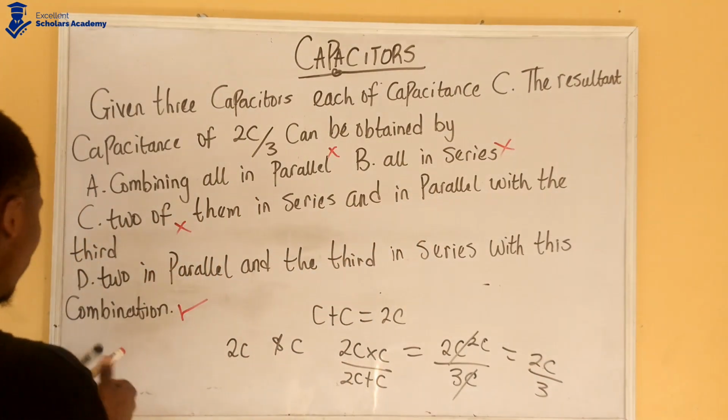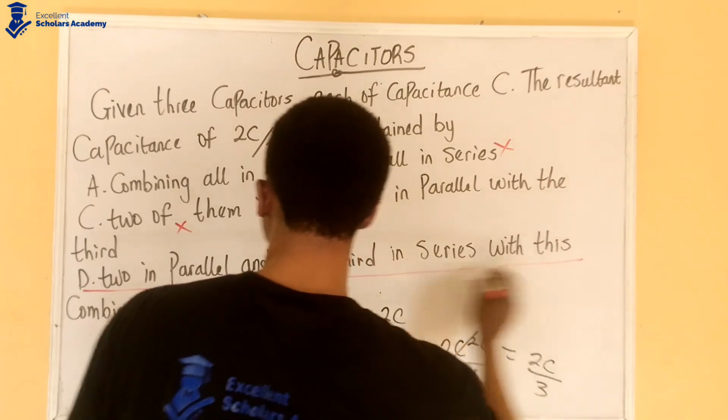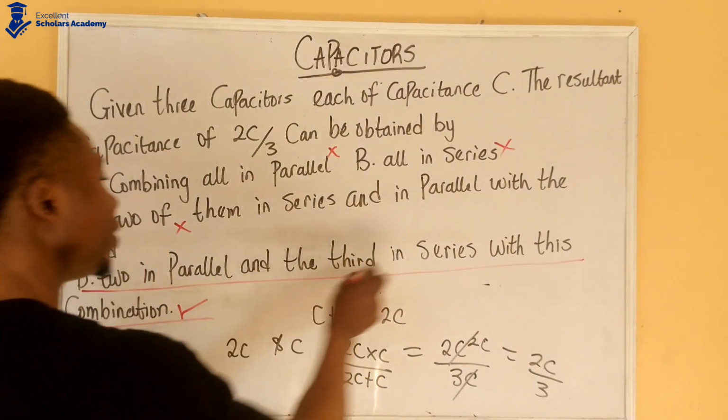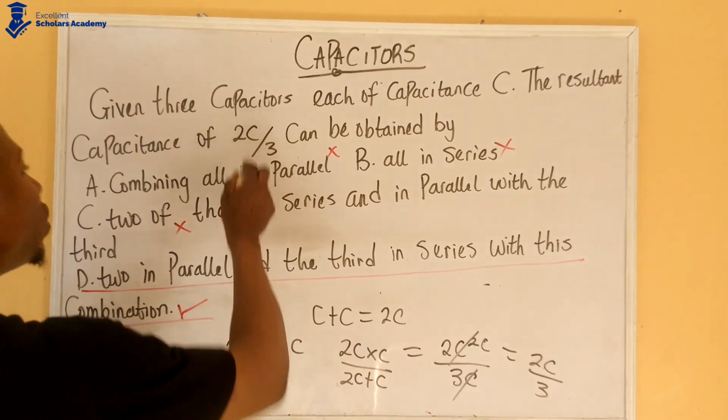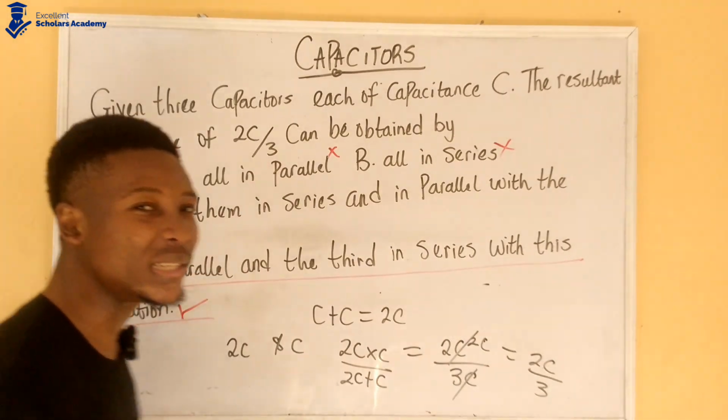So this is our correct answer. When you combine 2 in parallel and the third in series, it gives you 2C over 3. So option D is our answer.